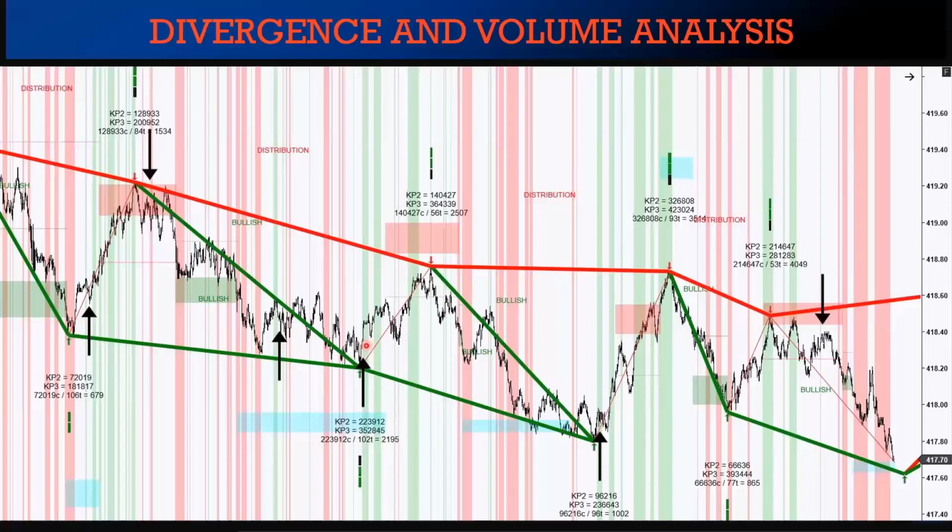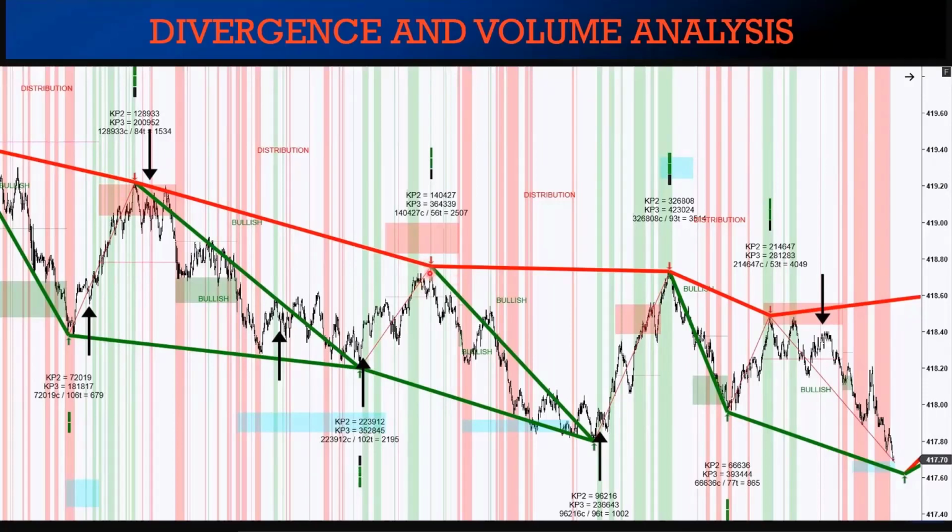Now, this is kind of what's important about this software also. If we have re-entered here, or we just stayed in the trade, which we really wouldn't be following the trading plan, but if we re-entered here along with this trade right here, and we haven't taken profits just based upon a target, we're being given a real-time signal right here and right here that maybe you should think about getting out of this trade.